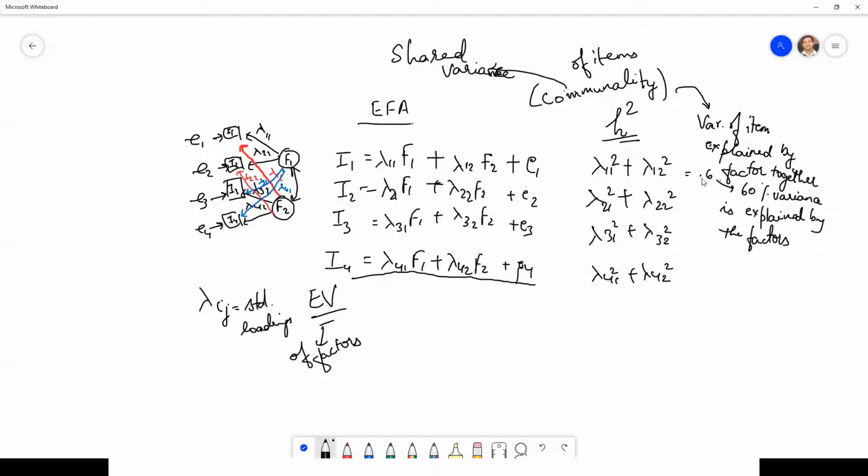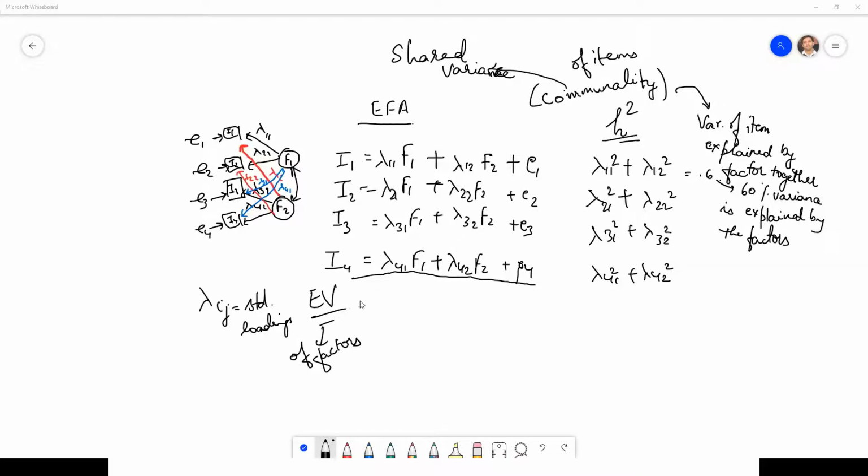What is the remaining 40%? The 40% is either error or something unique to the item. It is not explained by the latent factors, but 60% of the variance can be explained by the factors that we have. Now what is eigenvalue? This was the communality of an item.